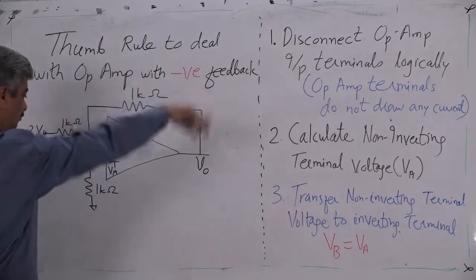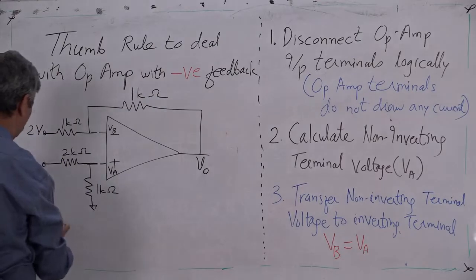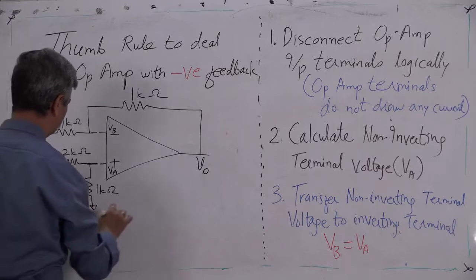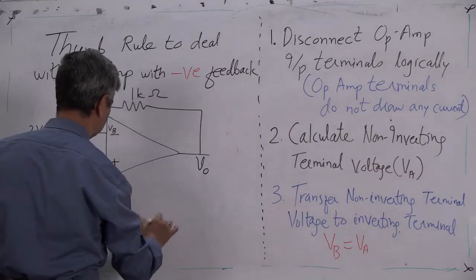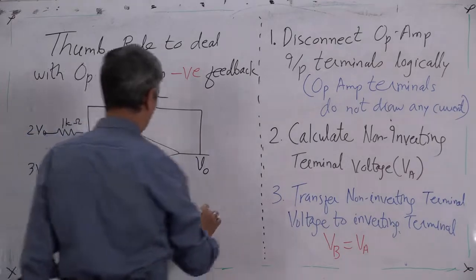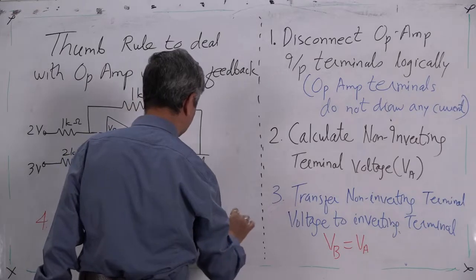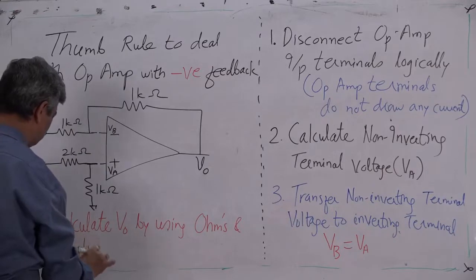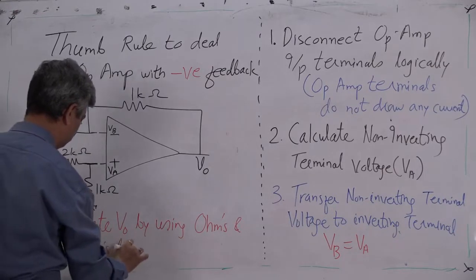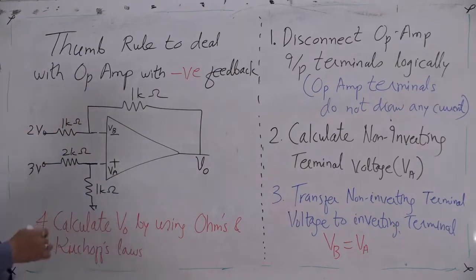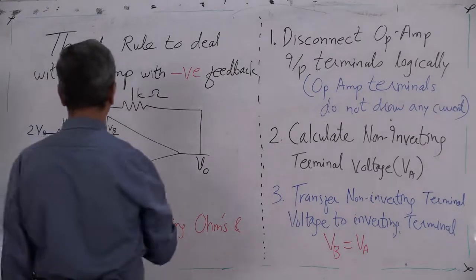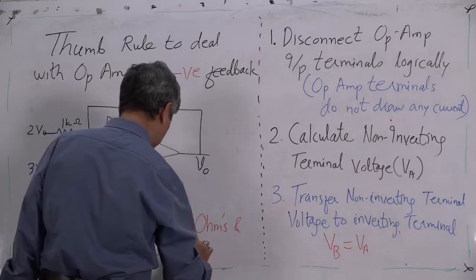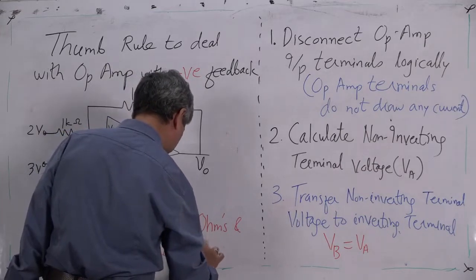Then fourth rule, I write here so that you can see all simultaneously. Fourth rule: calculate VO by using Ohm's and Kirchhoff's laws around the inverting terminal node.